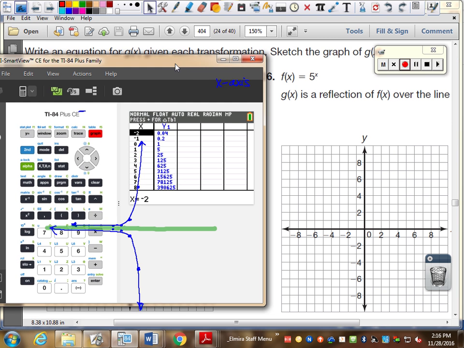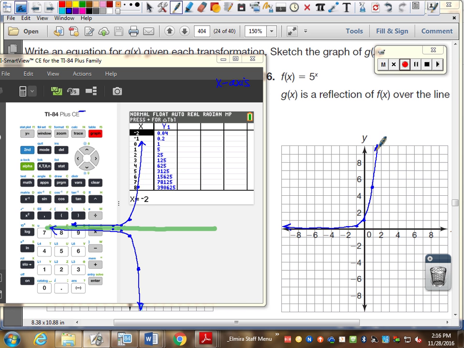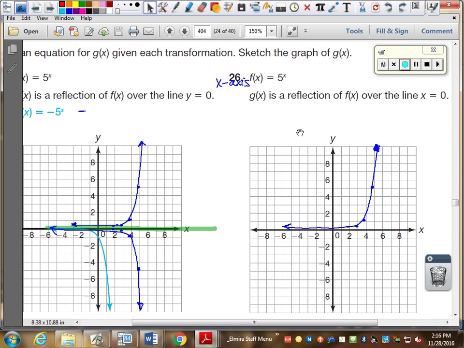So the next homework, 126. All right, same graph, 5 to the x power. So I'm going to draw the original. And then it says, oh, sugar, I cut it off. X equals 0.